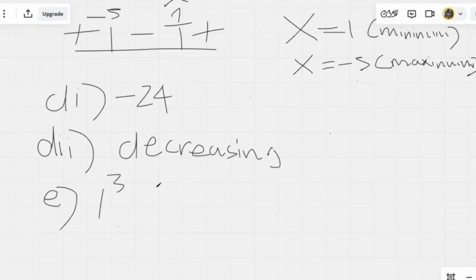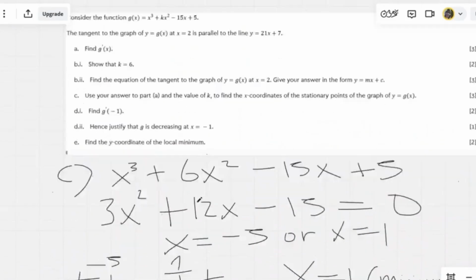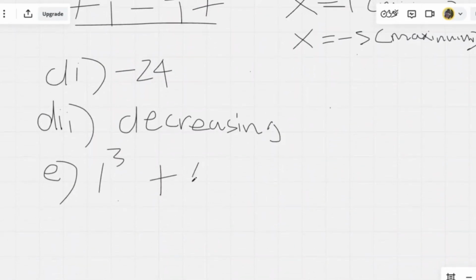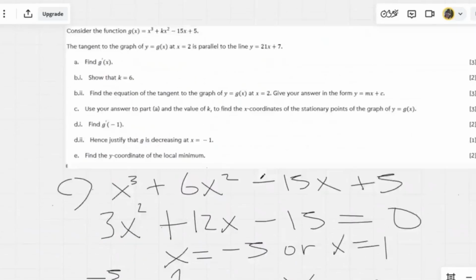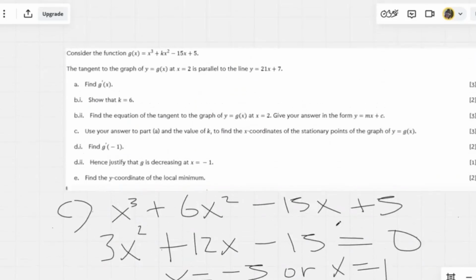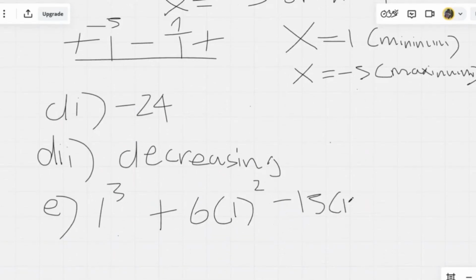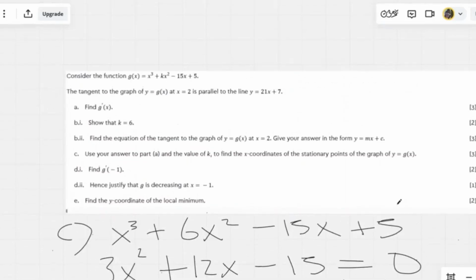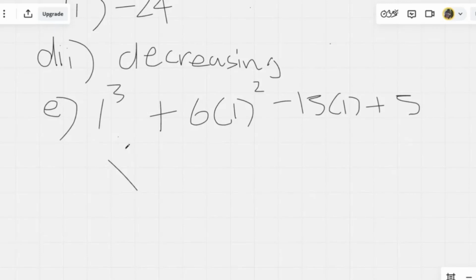And last, for question E, find the y-coordinate of the local minimum. To do this, we already determined that the minimum is at x equals 1. So we plug 1 back into g of x to find our y-coordinate.